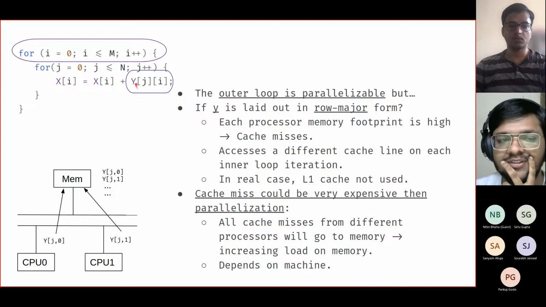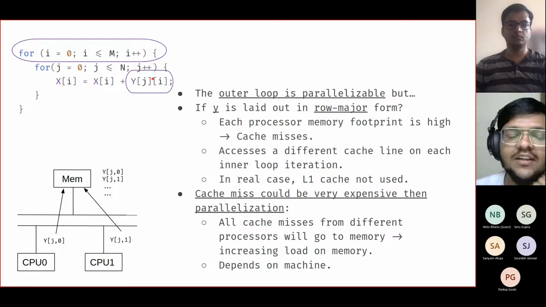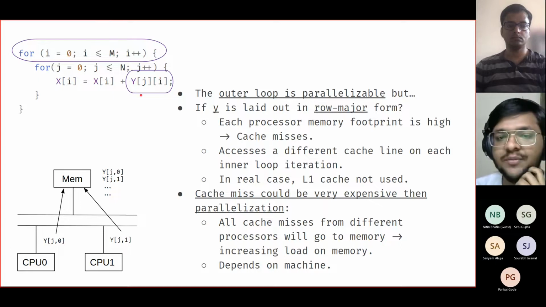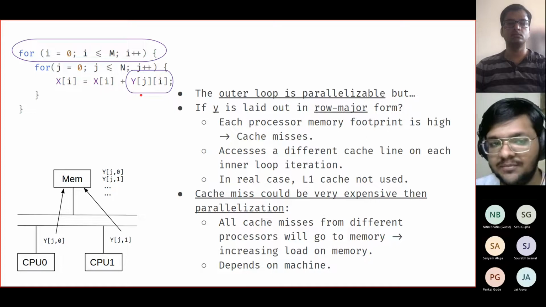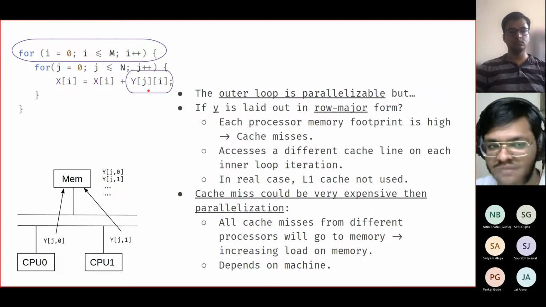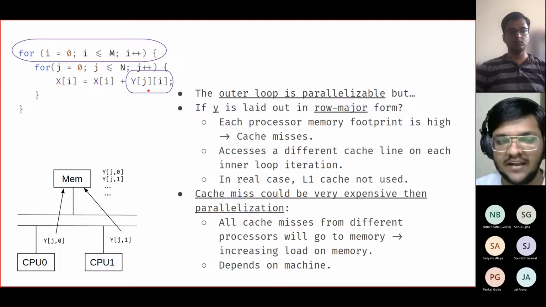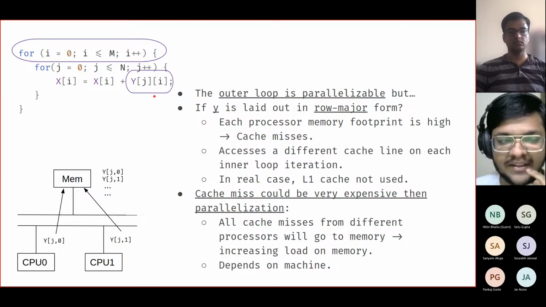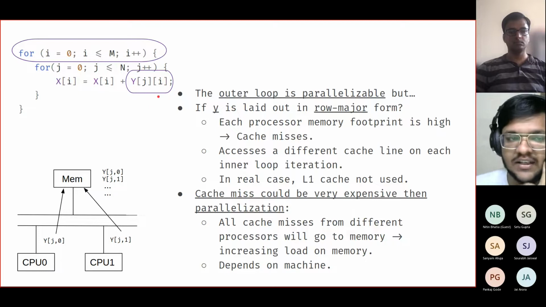But let's focus on y[j][i] here. Let's say y is laid out in row major form. Then the memory footprint is going to be very high, because we are accessing the columns of y, and you will have a larger memory footprint, and this will lead to cache misses.